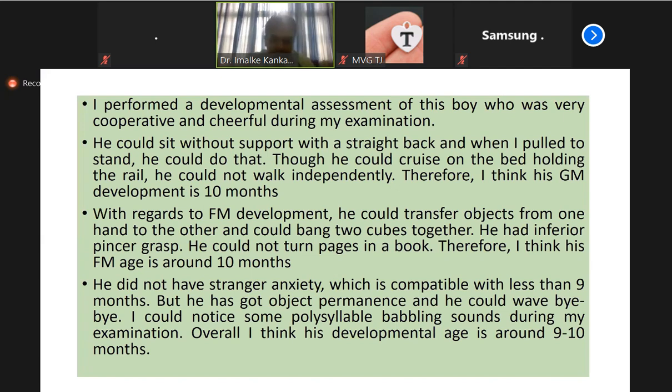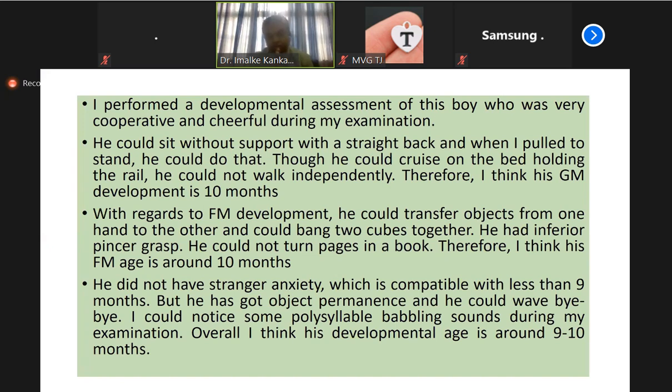With regards to fine motor development, he could transfer objects from one hand to the other and could bang two cubes together. He had an inferior pincer grasp, which means not that mature. He could not turn pages in a book. Therefore, I think his fine motor age is around 10 months.